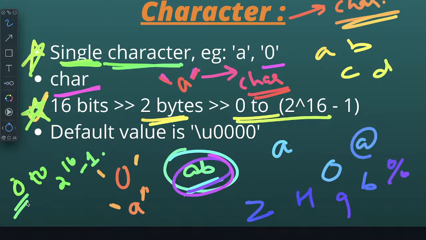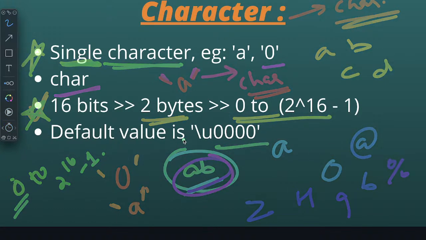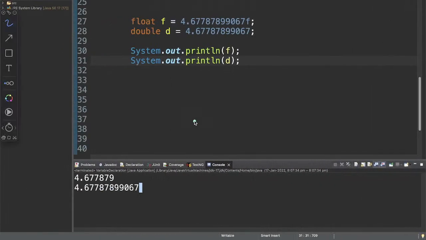It doesn't start with negative, because no character lies in the negative range. The default value we'll learn together when we discuss all 8 primitive data types. So let's move to Eclipse and practice this as well.